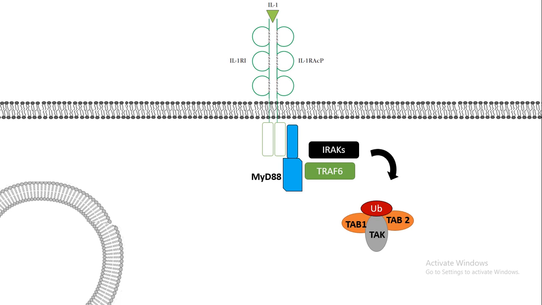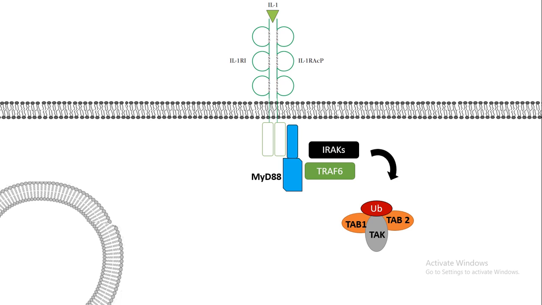In the cell there is another important kinase known as TAK kinase. TAK kinase is inhibited in a complex where TAB1 and TAB2, which are TAK associated or TAK binding proteins, sequester TAK, so it is not freed for further downstream function.